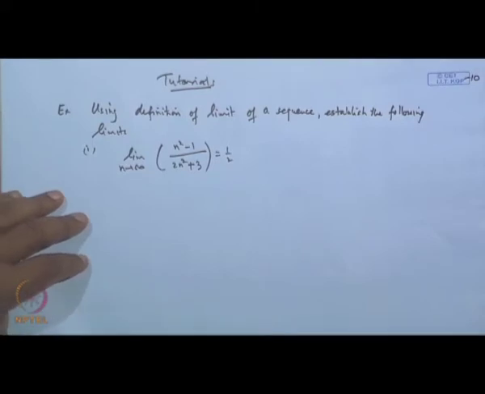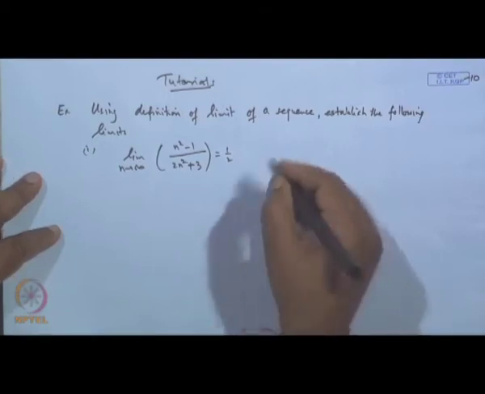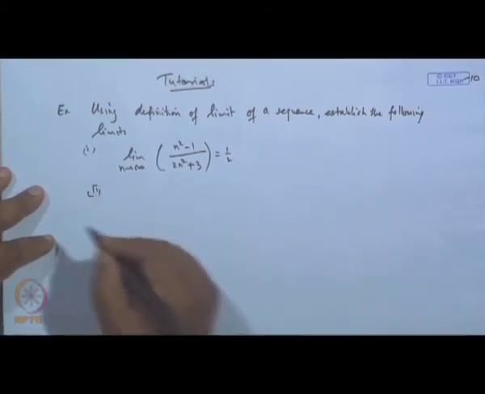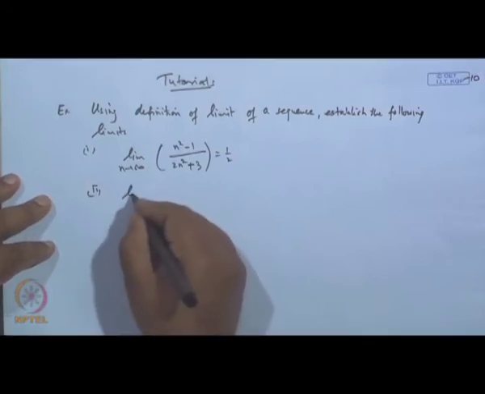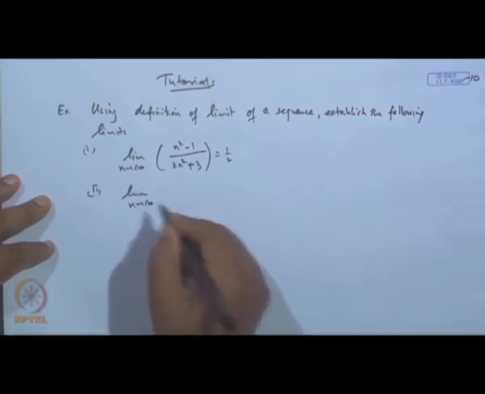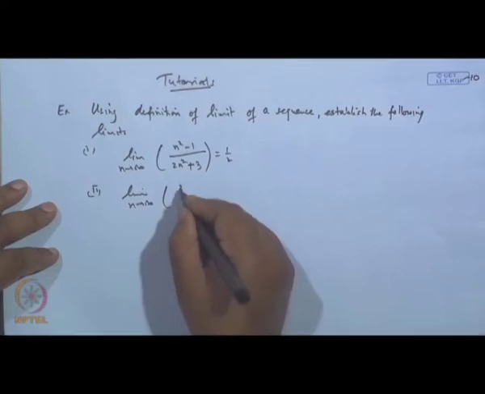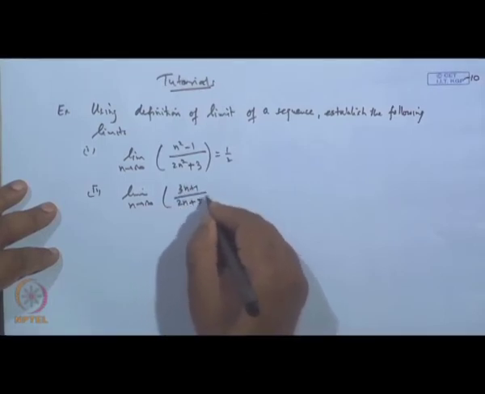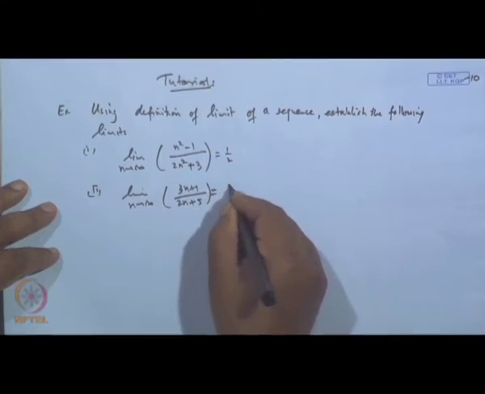B: limit as n tends to infinity of 3 n plus 1 over 2 n plus 5 is 3 by 2.